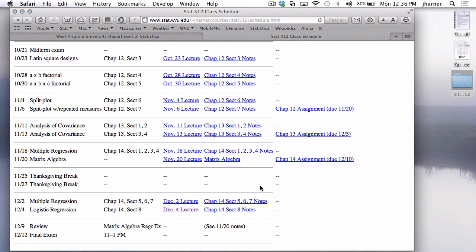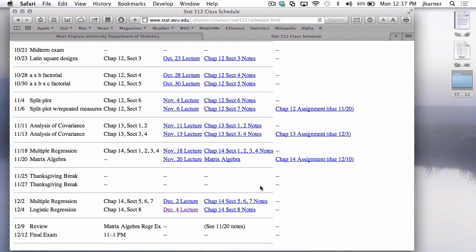So going back to chapter 12 now. In sections 2 and 3, we looked at block designs. And the block design is an example where you typically have a block effect, which is typically random, and then a treatment effect, which is typically fixed. And so we have a mixed model. But in a block design, we assume no interaction.